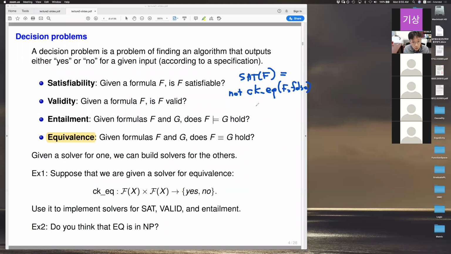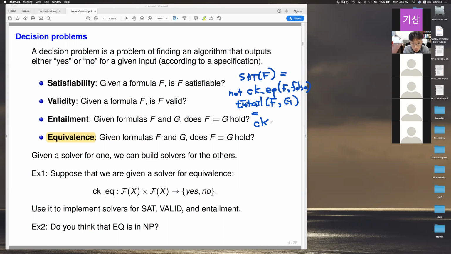And then you can do something quite similar for validity. In this case, you can just check equivalence between the given formula F and true. An interesting case is entailment. If I want to check whether F entails G, that means F implies G, then here's how you can do it.